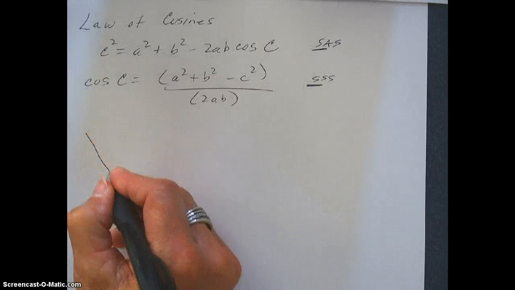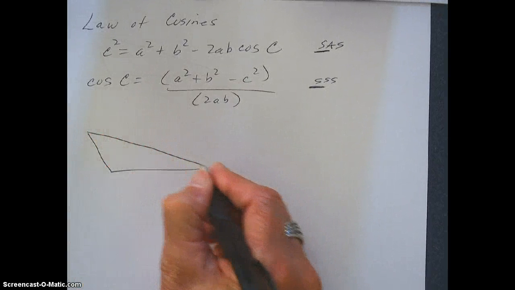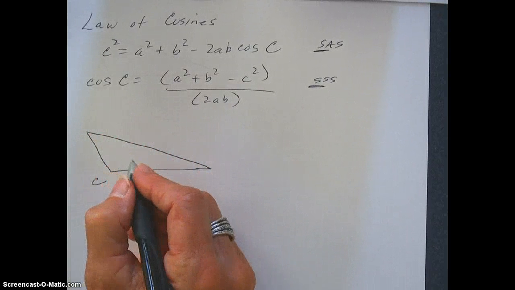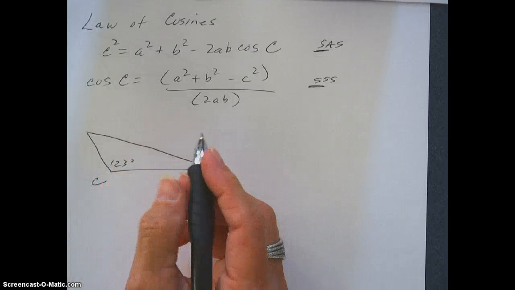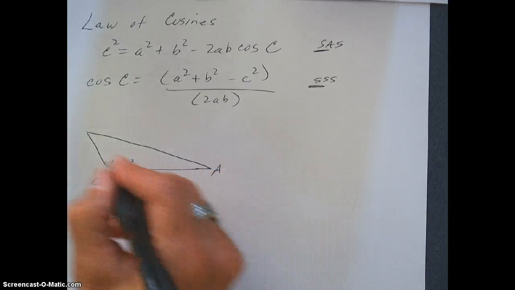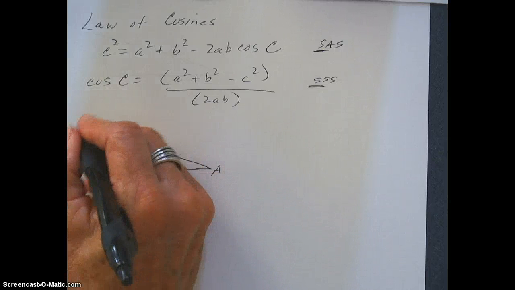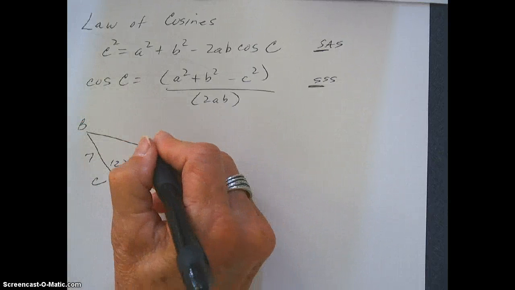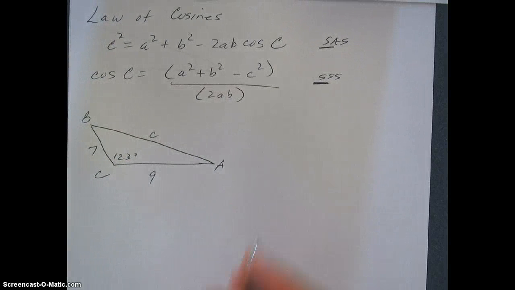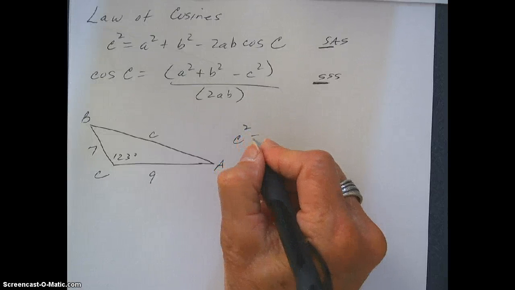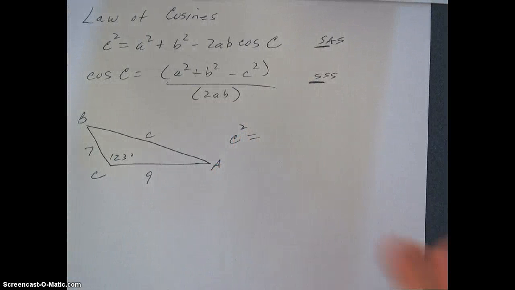So for the first example, I'll give you angle C is 123 degrees. A side is 7, B side is 9, and you're going to be asked to find side C. So let's set up the formula.